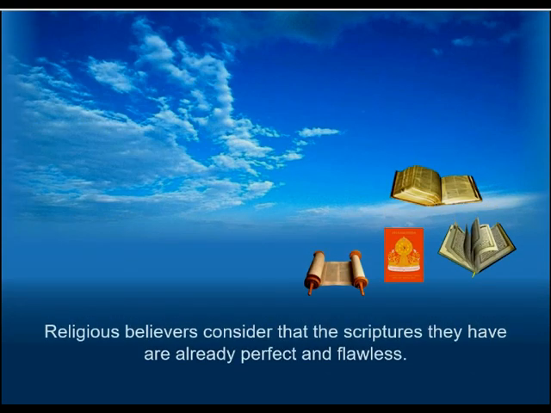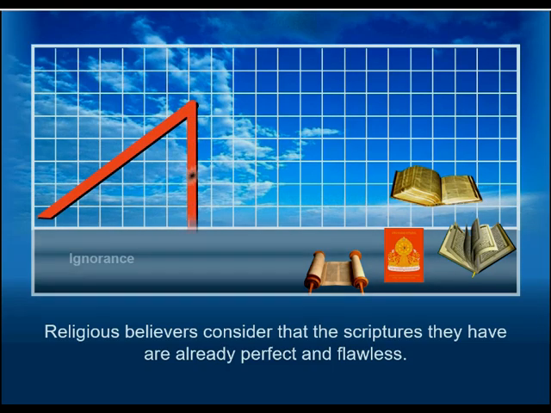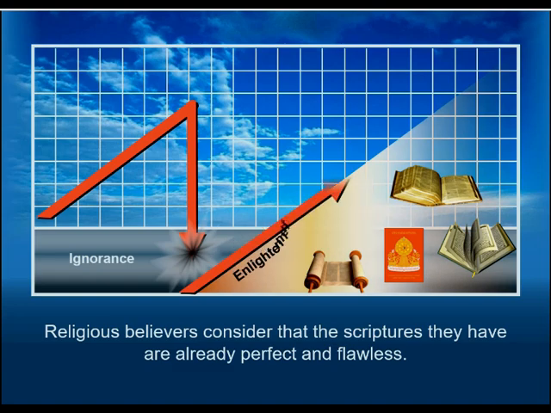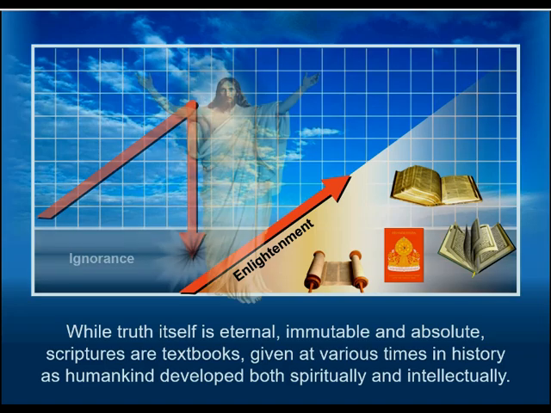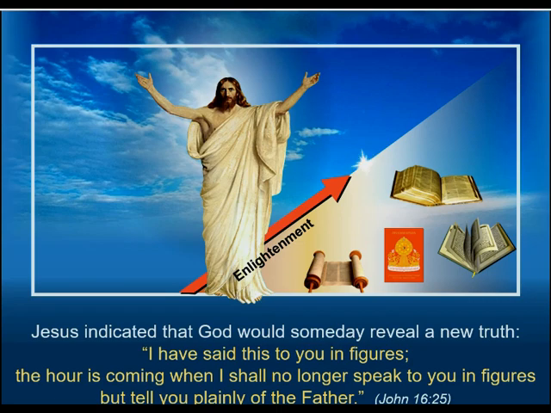Religious believers consider that the scriptures they have are already perfect and flawless. While truth itself is eternal, immutable, and absolute, scriptures are textbooks given at various times in history as humankind developed both spiritually and intellectually. Jesus indicated that God would someday reveal a new truth.